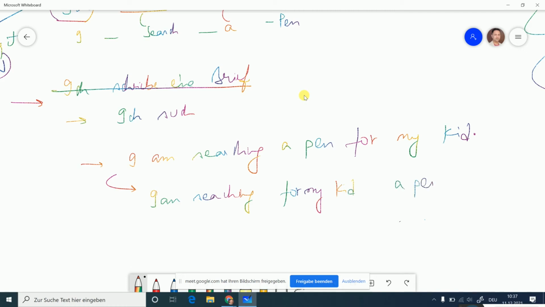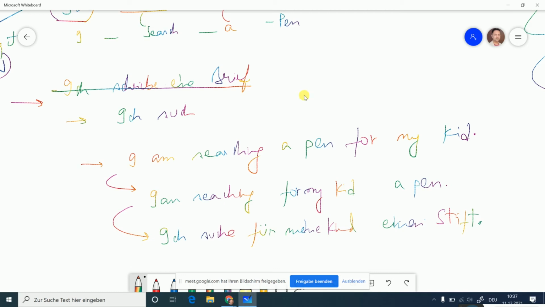Now, this is a part of sentence forming, which we will take up later on. So here, if we convert it into German: ich suche für mein Kind einen Stift. So it will be something like this, right?